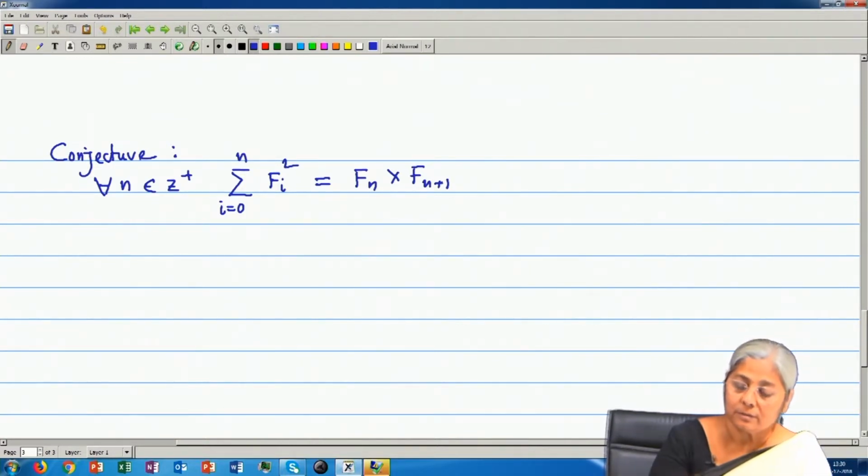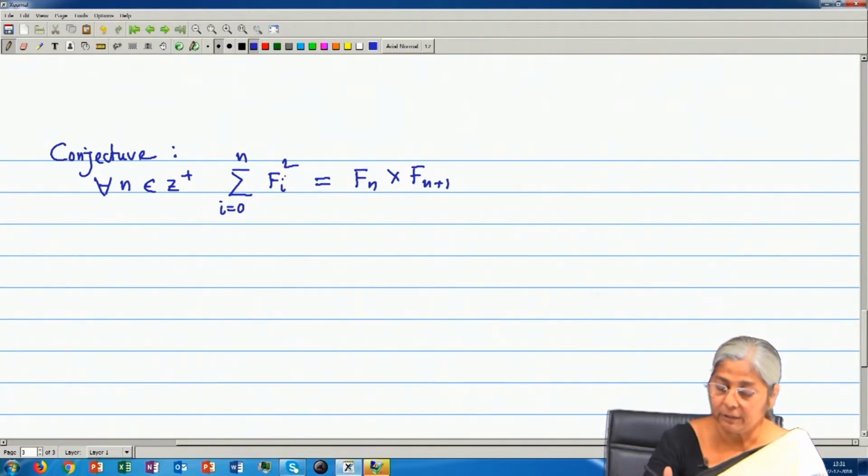So, first we see the property of what will be the sum of squares of n Fibonacci terms, and we get this formula.